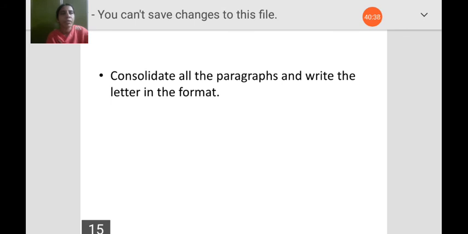Now here's a question. Consolidate all the paragraphs and write the letter in the format.